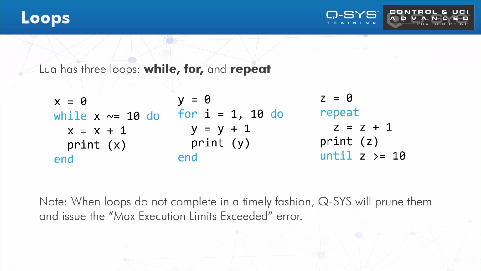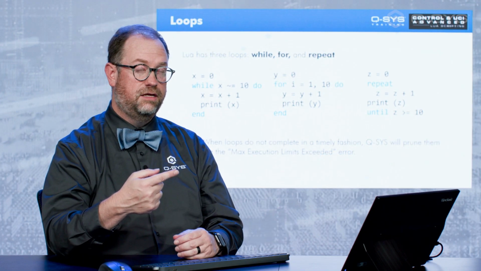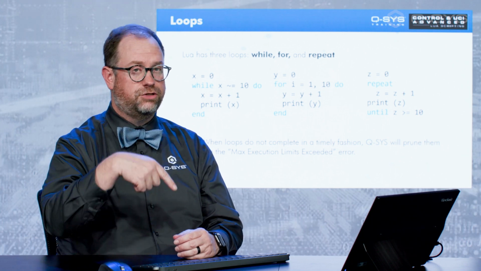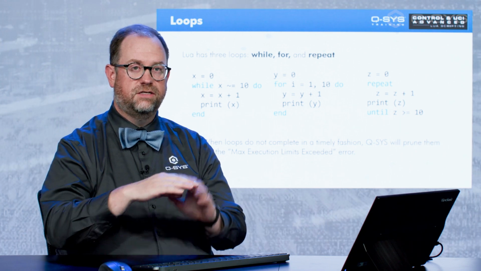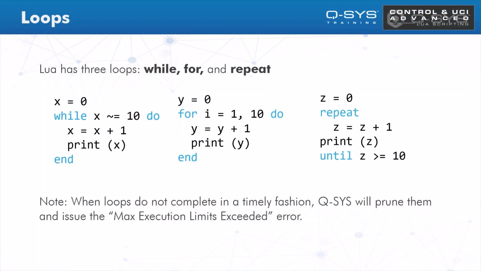And as you increment, it keeps asking, is 1 not equal to 10? That is true, do the loop. Is 2 not equal to 10? That is true, do the loop. It will keep running until it gets to 10 does not equal 10. That's false, stop the loop.